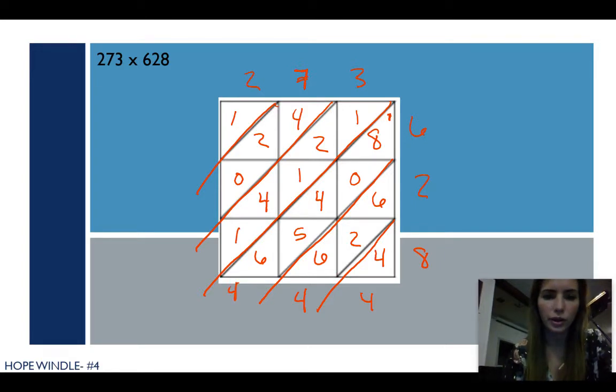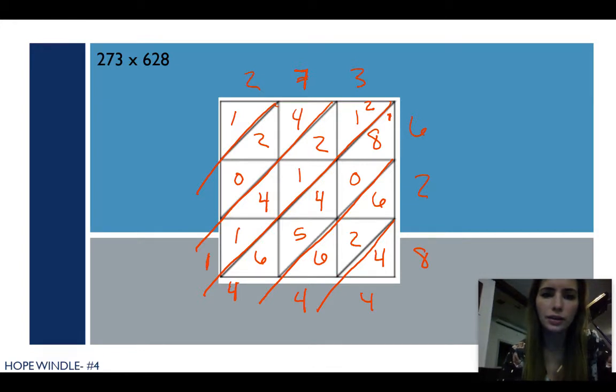So we're going to bring our 4 here, and we're going to bring this 2 over here. And then we're going to add diagonally still. We're going to say 5, 6, 7, and 11.